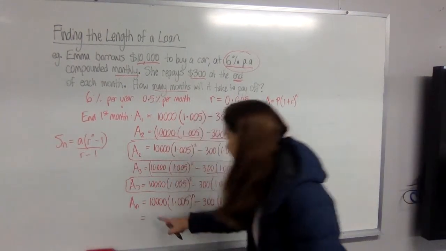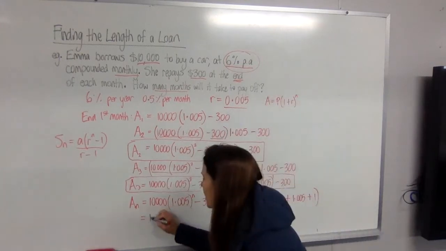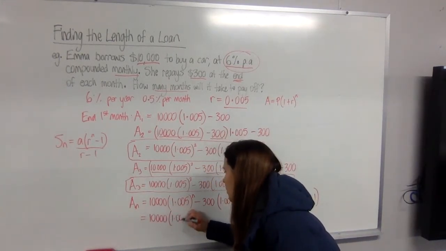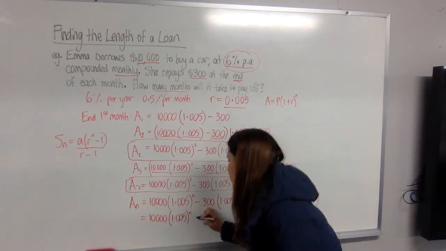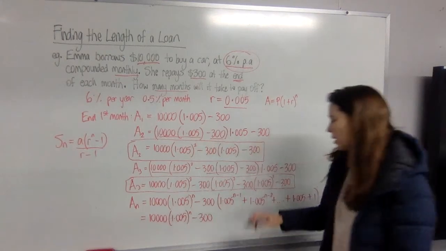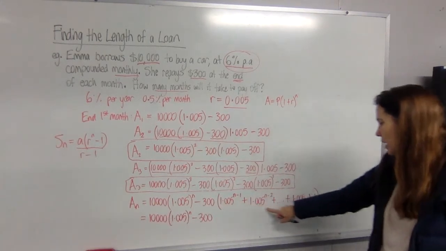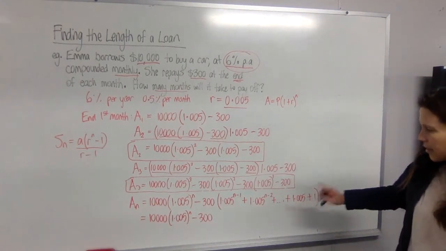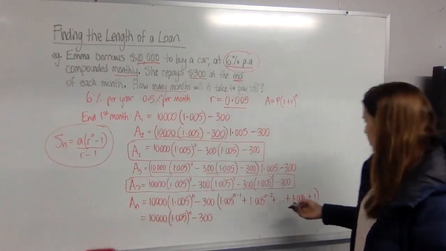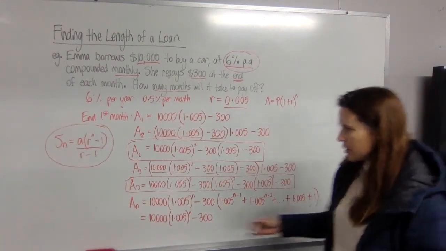So on my next line, I need this part because it stands alone and it's separate from the geometric series, isn't it? So I have that. And now I've got minus 300 lots of something, minus 300 times everything in the brackets. Now the stuff in the brackets can be summarized as this. All right, what's the first term in this series?